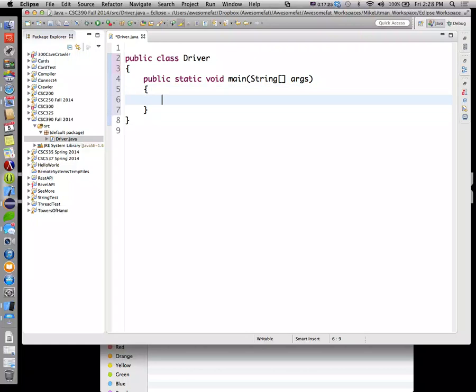What's the math behind it? The range of values that fit inside of an integer, which is 32 bits, is plus or minus 2 to the what? Plus or minus 2 to the 31st power. So 2 to the 31st power is 2 billion something.